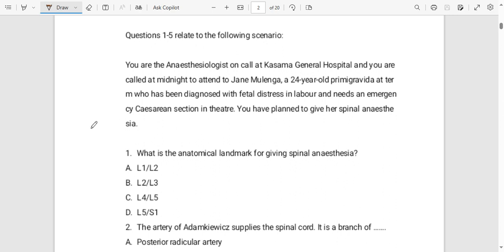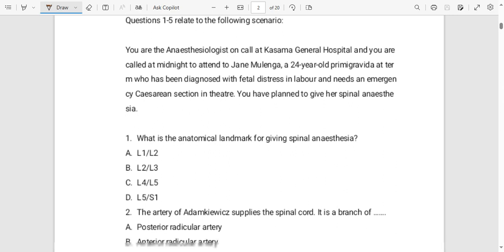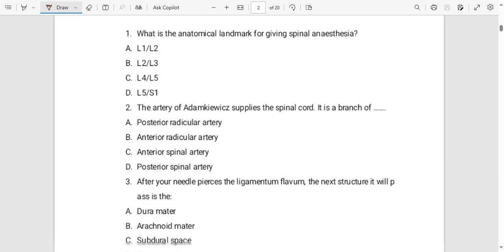You have planned to give her spinal anesthesia. What is the anatomic landmark for giving spinal anesthesia? L1, L2; L2, L3; L3, L4; L4, L5; L5, S1.